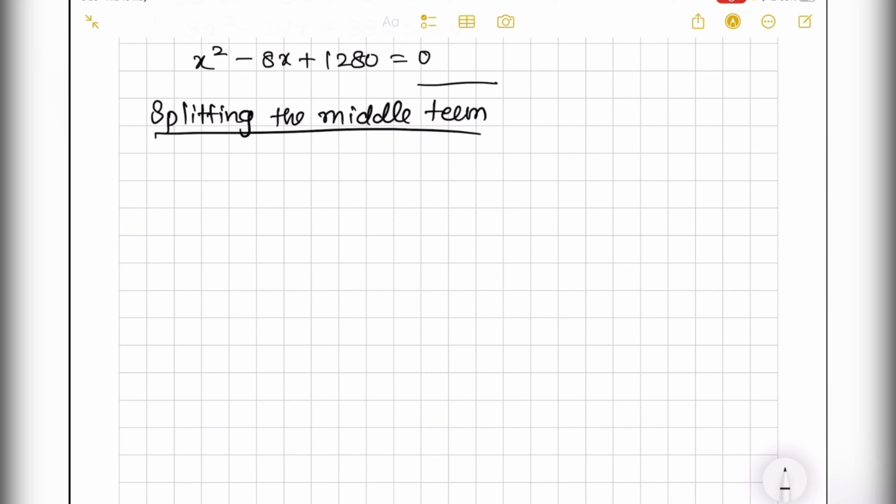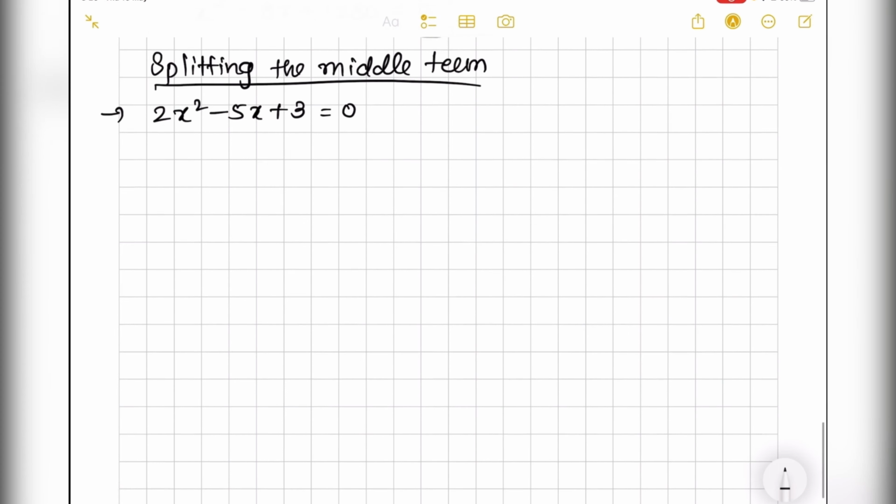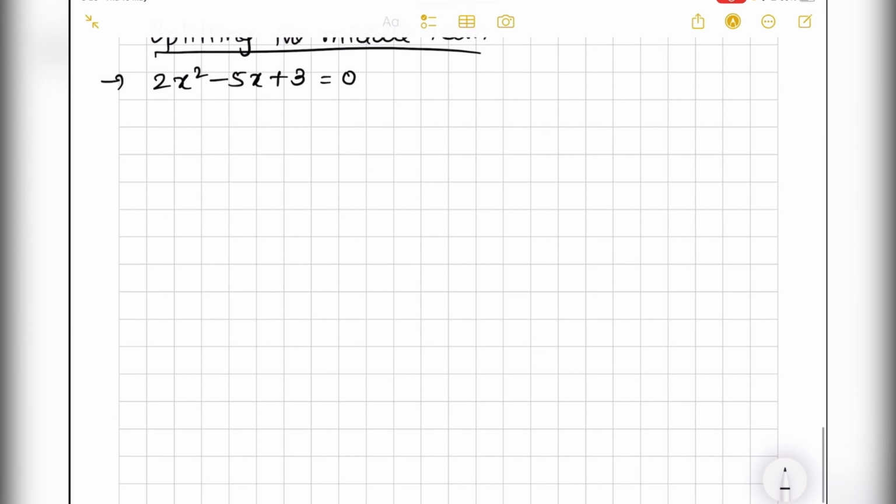Now, suppose I am given the sum like this: find the roots of the equation 2x square minus 5x plus 3 equal to 0 by factorization. So, if I want to split the middle term, what do I have to do? A equal to 2, B equal to minus 5 and C equal to 3.